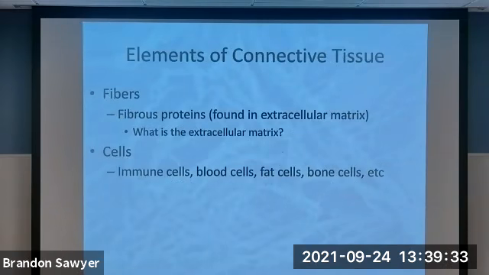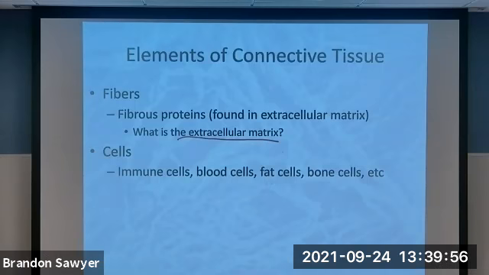Some of the elements that we find in connective tissue: there are always going to be different protein fibers, as well as different cells. We'll go through some examples of these general cell types and protein fibers. Again, the extracellular matrix is the space that's not inside of cells and also not inside of blood vessels.